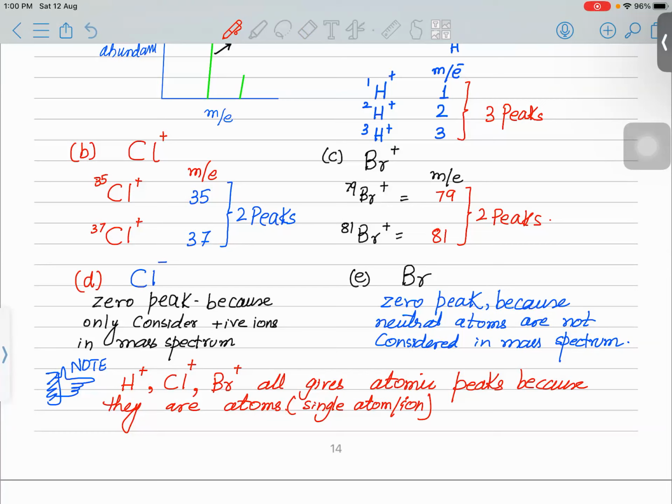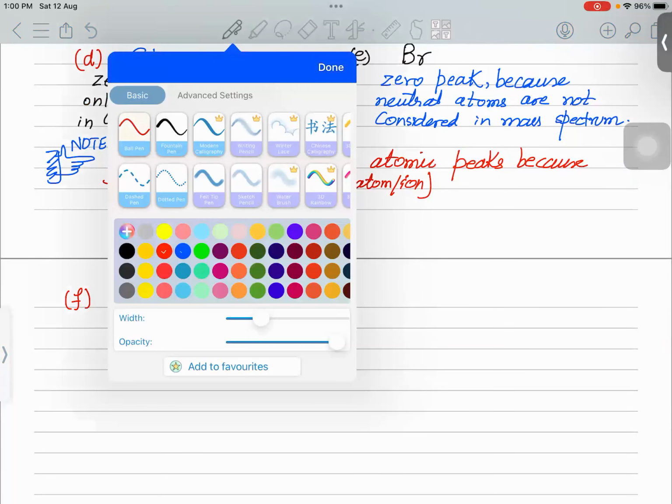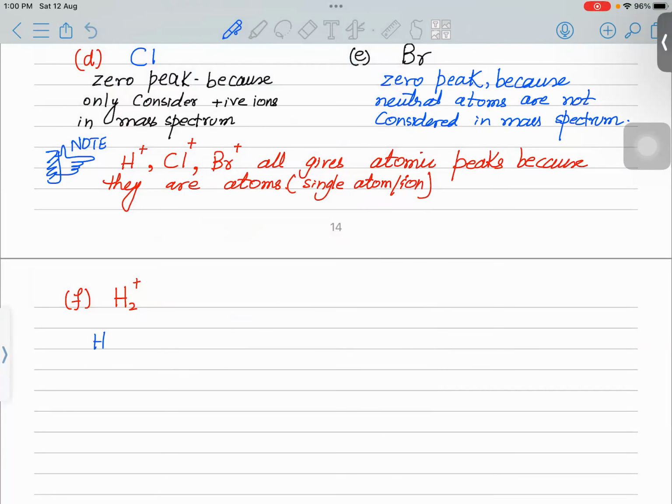Because you know that H2 is a molecule. Now, question number F. H2 positive. H2 positive means it is a molecule. You know that hydrogen has three isotopes, H1, H2, H3. So your first combination is 1, 1, so mass over charge ratio is 2.